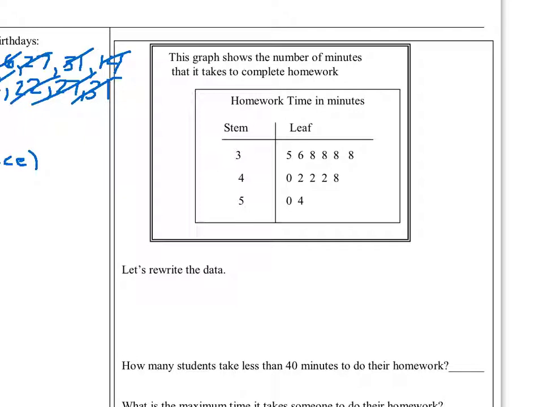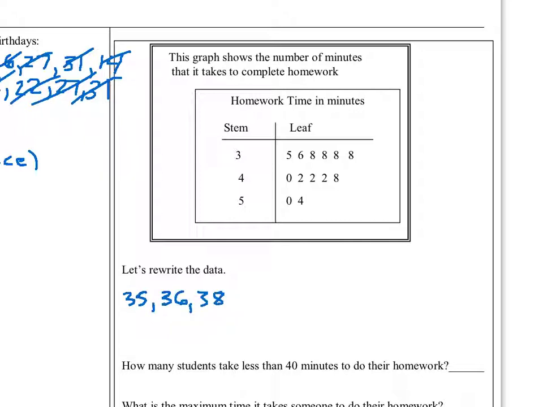All right, this graph shows the number of minutes that it takes to complete homework. What we're going to do when we're given a stem and leaf plot is just rewrite the data. This is the reason why I think stem and leaf plots are so stupid: it actually makes more sense to look at the data and rewrite the data, 35, 36, 38.